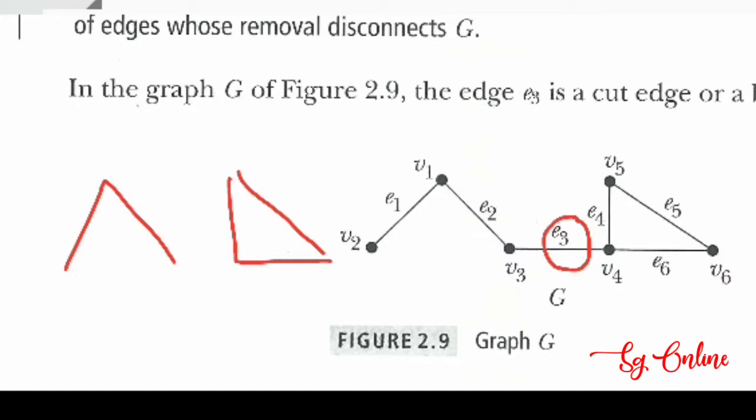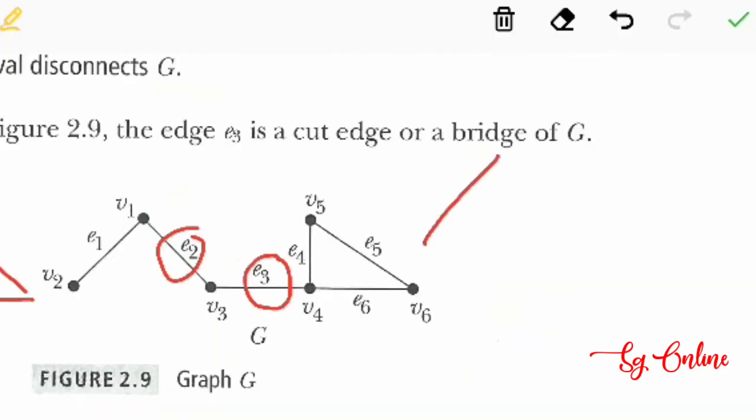So E3 is acting as a bridge between these two components, and it is a cut edge of the graph. Similarly, in this graph, E2 is also a cut edge, because if we delete E2, the graph will be broken into two components.